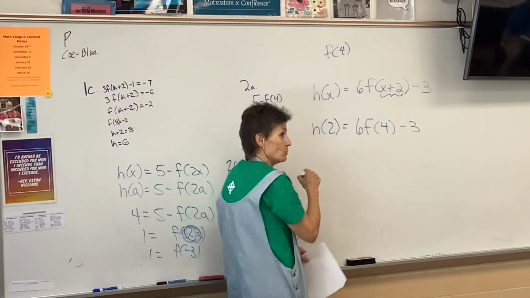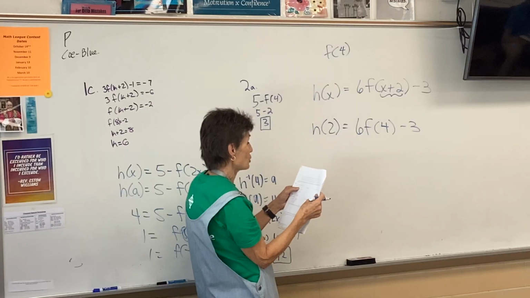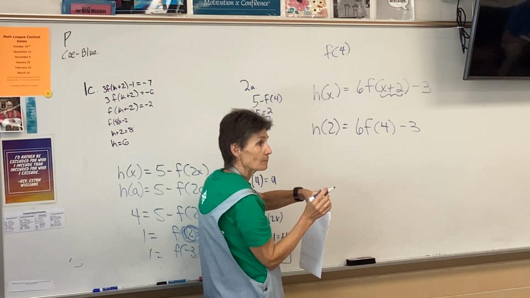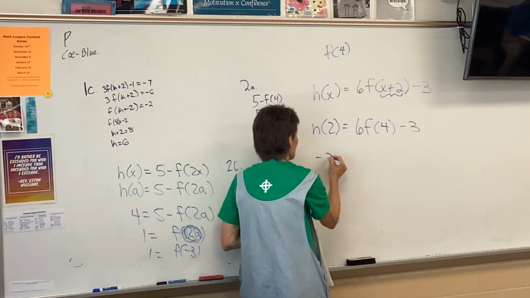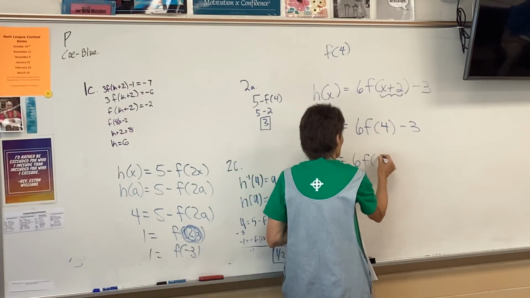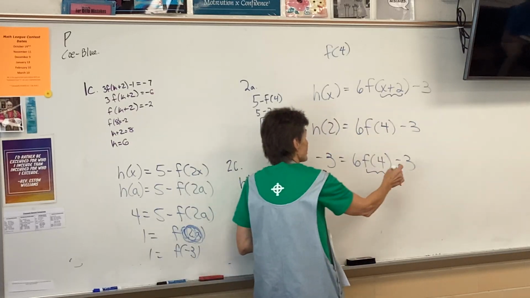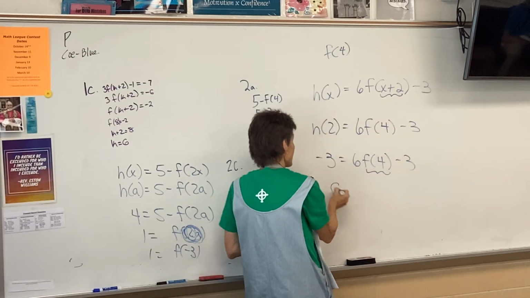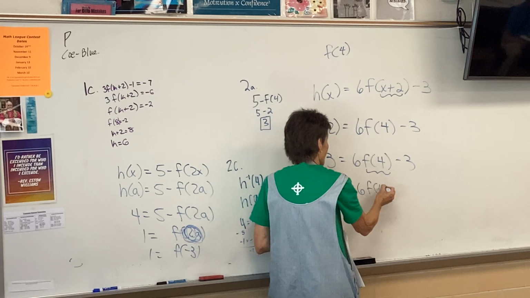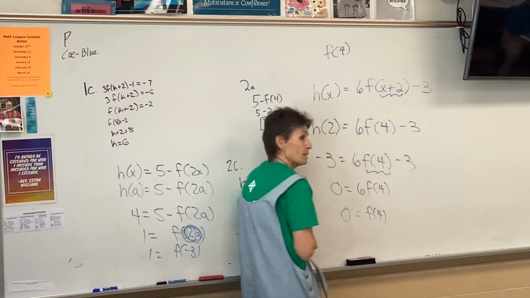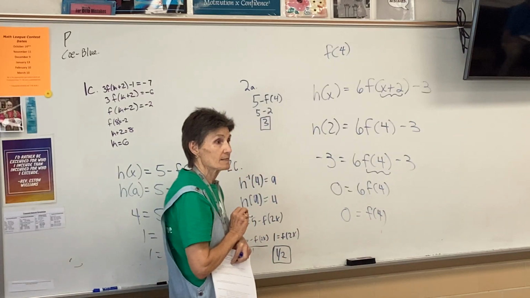Well, what's h of 2? That I know. That's in my chart. h of 2 is negative 3. And I am just going to solve for f of 4. So if I add 3, I get 0. If I divide by 6, it looks like f of 4 is 0.